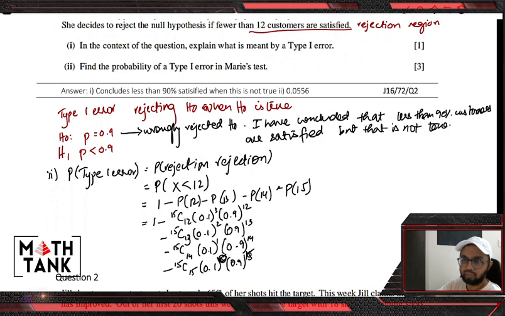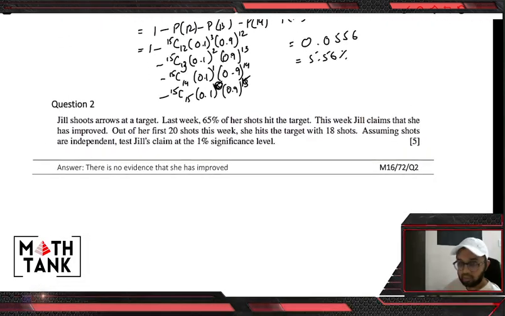The S2 exam is going to make your life a lot easier. So that gives me a wholesome answer, 0.0556, and that's 5.56%. That's the probability of a type 1 error.